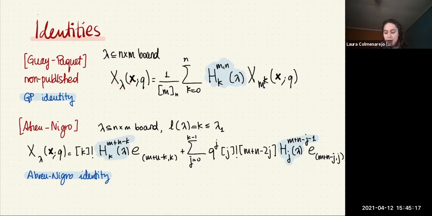And if I'm looking at partitions that are given by rectangles, then the coefficients in this case are going to be a normalized version of the Q-hit numbers in the rectangular case. Mathieu White-Paquette had this in some notes that he had shared with Alejandro at some point long ago. So we were looking at this identity, and we were thinking that we should be able to prove it using Q-rook theory and Q-hit theory.